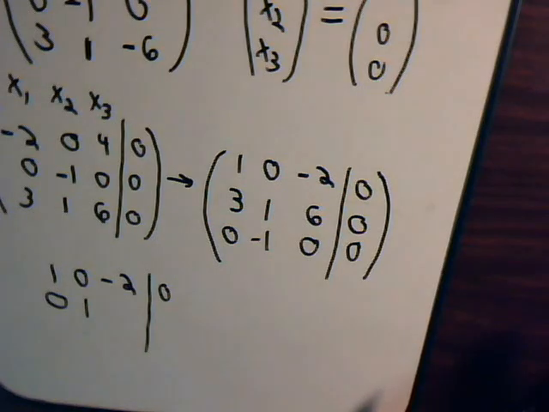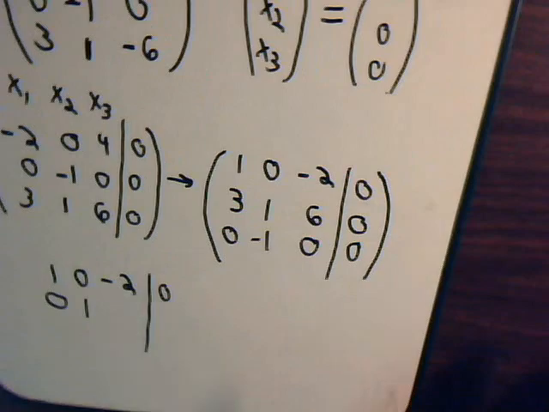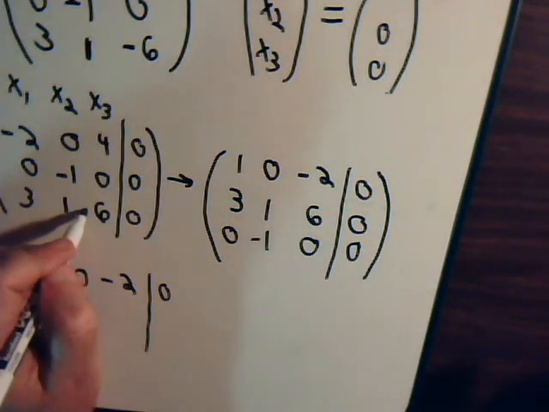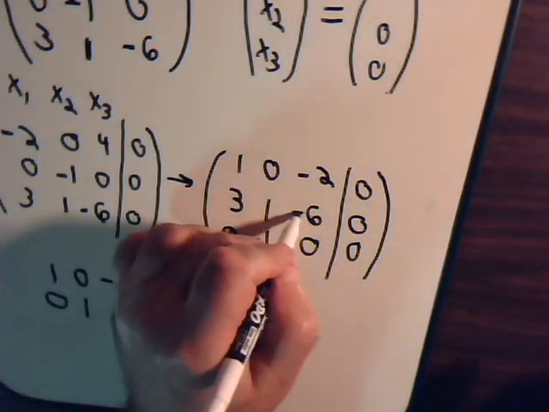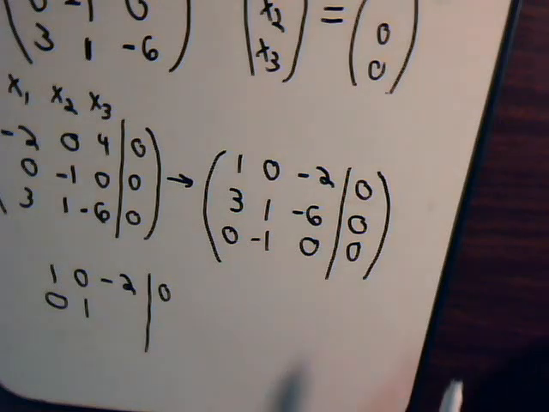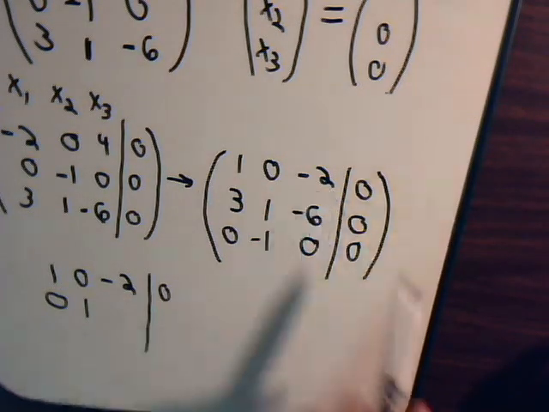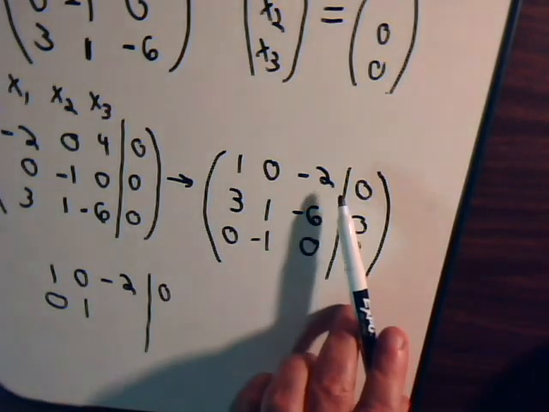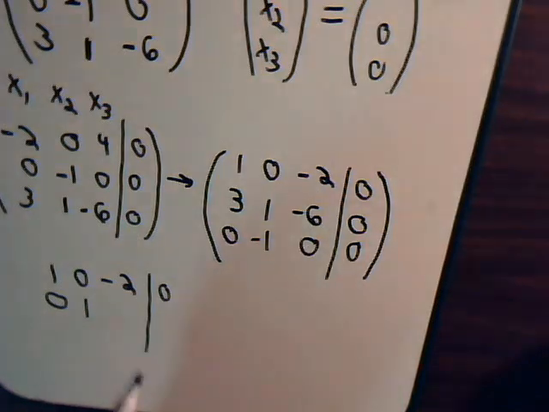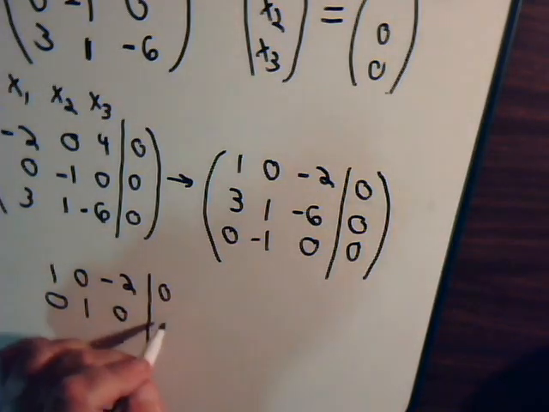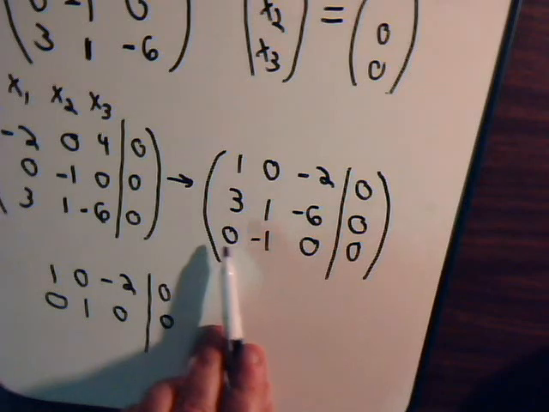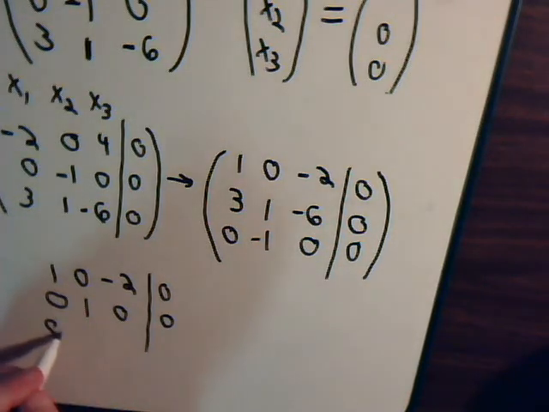And here, this was minus 6 here, so it should be minus 6 here. And then we're multiplying across by minus 3, so that gives us plus 6, so this is 0. We can multiply this by negative 1.